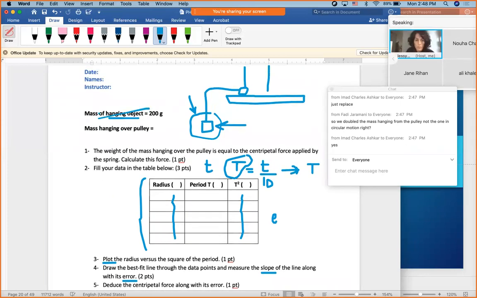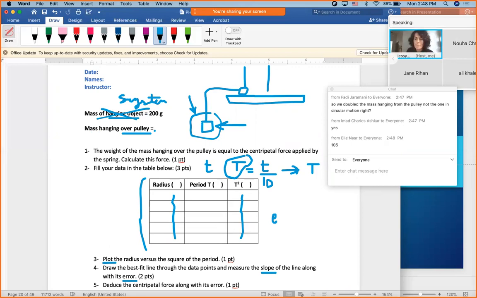All right, so this is your system, and this is over the pulley. Let's not call it hanging object, let's call it system. What was the mass given to you, hanging? 105, is it the same for result 1 and result 2? Okay, so apparently it's a bit different.